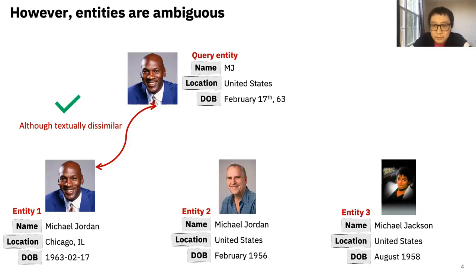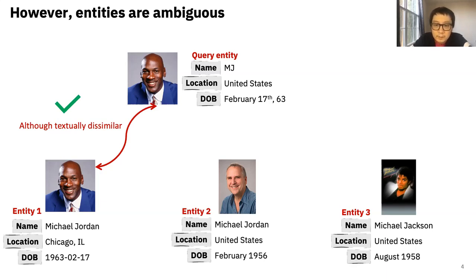Remember, we are trying to design an algorithm to solve this problem, and it remains a hard problem for a machine, because if we simply use textual-based similarity functions, such as Jaccard similarity or edit distance-based similarity, they would give us a very low score for this entity pair.